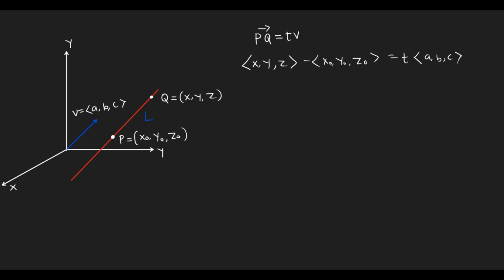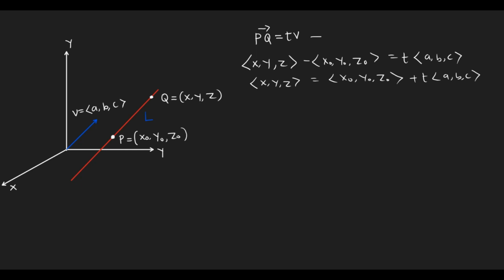So this is what you have now. I'm going to rewrite this by taking this term to the right hand side. So x, y, z is equal to x naught, y naught, z naught plus t multiplying vector v, that's a, b, and c.